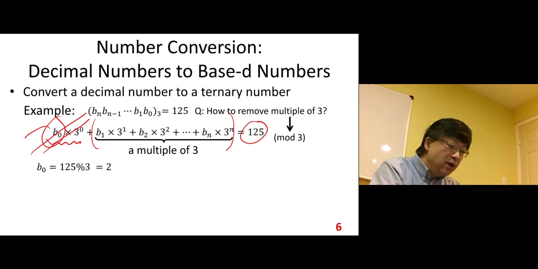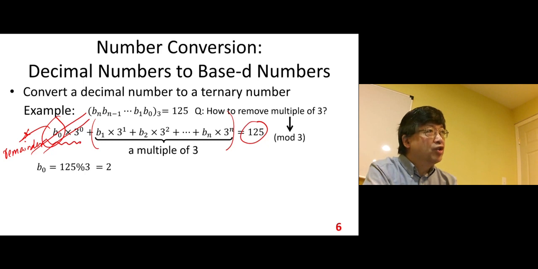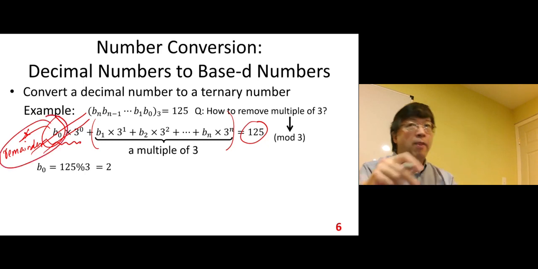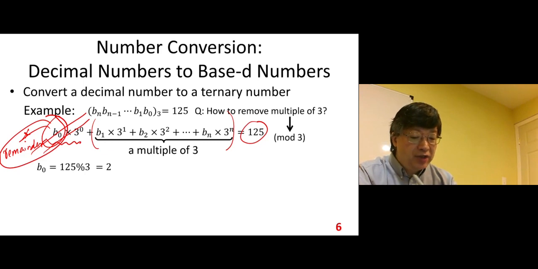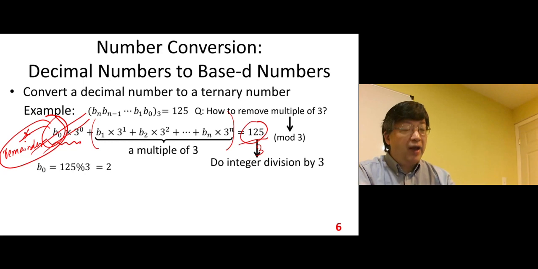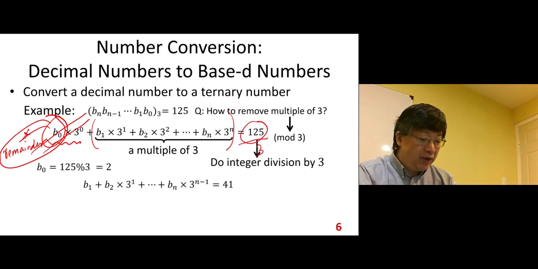Because this is the remainder part, when you do integer division, the remainder part is gone. You don't want the remainder part, so you do the integer division by 3, but only take the integer part and throw away the fractional part. Then you have the expression of the terms we are interested in.